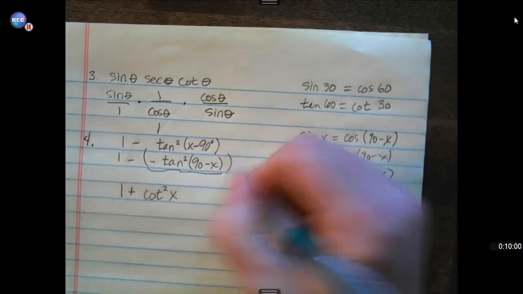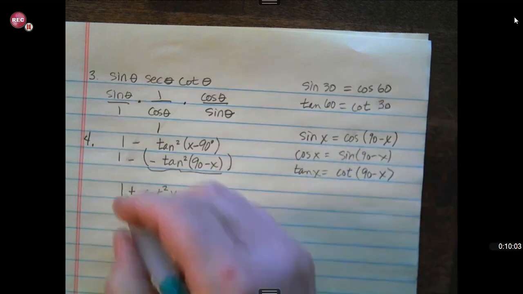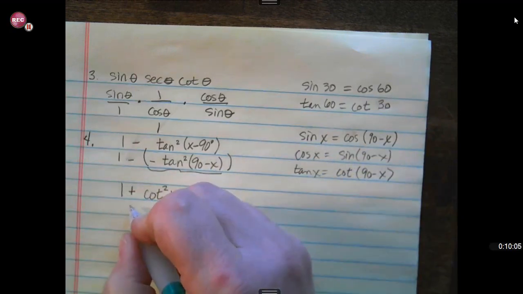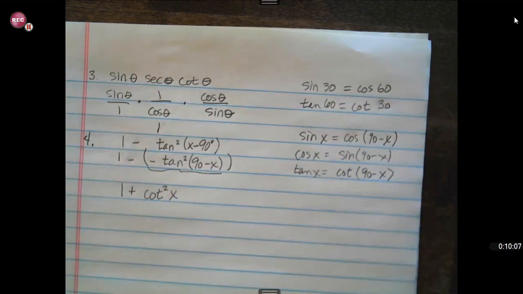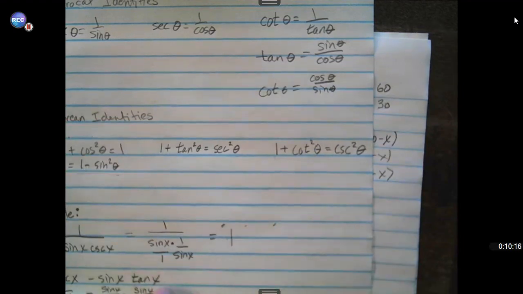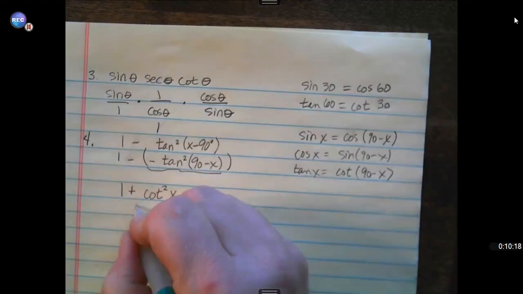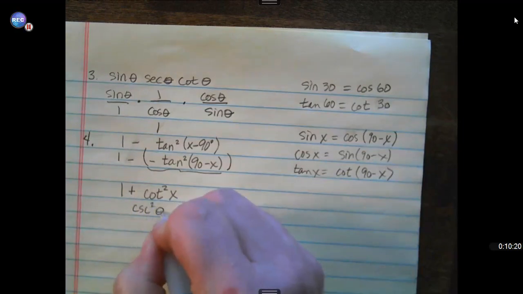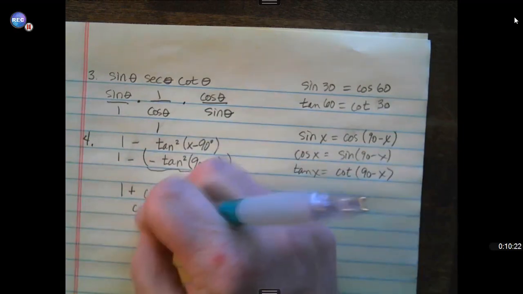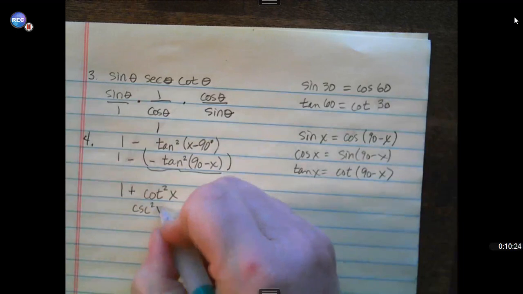So if I put this in big parentheses, then this becomes one of the Pythagorean identities. This Pythagorean identity, 1 plus cotangent squared theta, is cosecant squared theta. So the answer here is cosecant squared theta, or in this case, we used x, I guess. Okay.